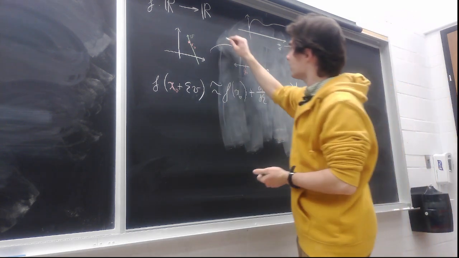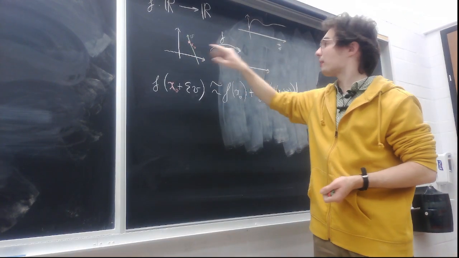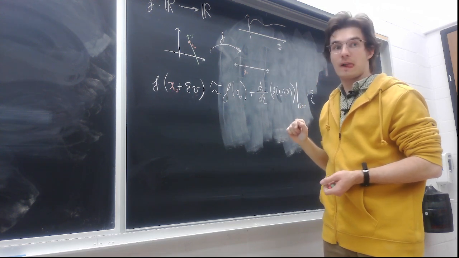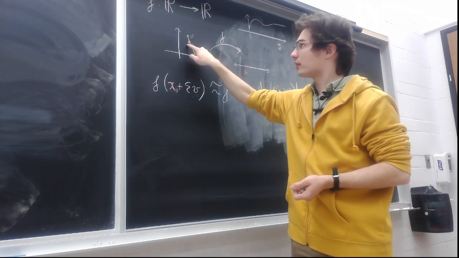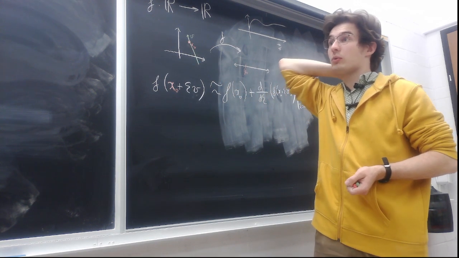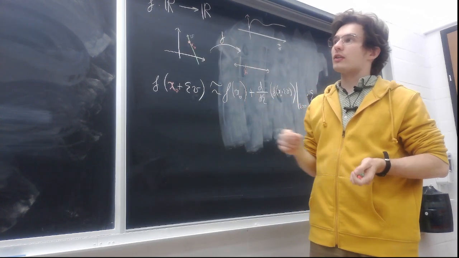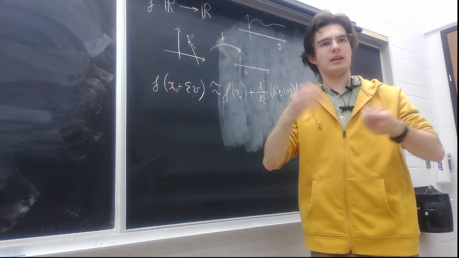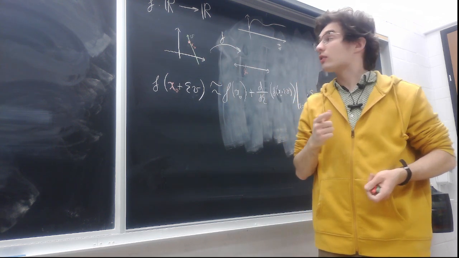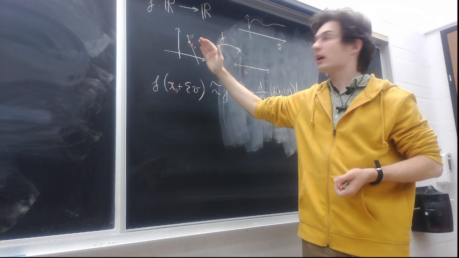So, sorry, this is f. I have some function that takes in points in R2 and maps them to the real numbers. Now, I fix some point x naught. And what I want to do is look at a linear approximation of f at this point. Right now, I don't really know how to do many dimensions. I know how to do only one-dimensional derivatives. So let's just choose one direction, a random direction that I want to look at, v.